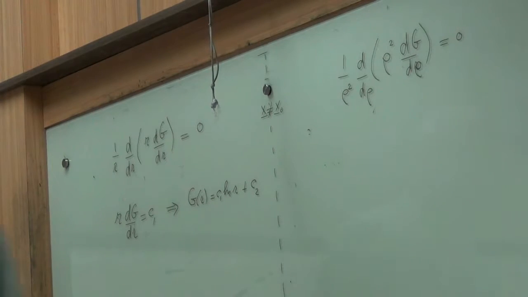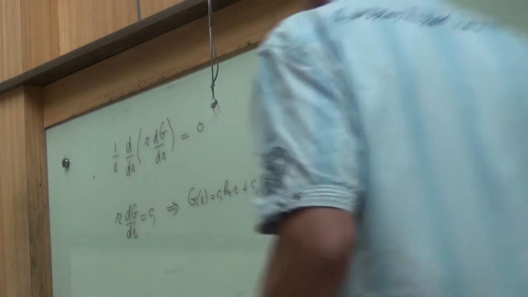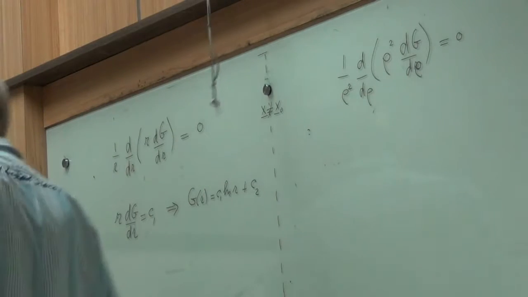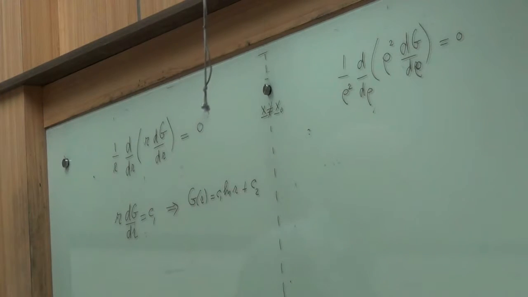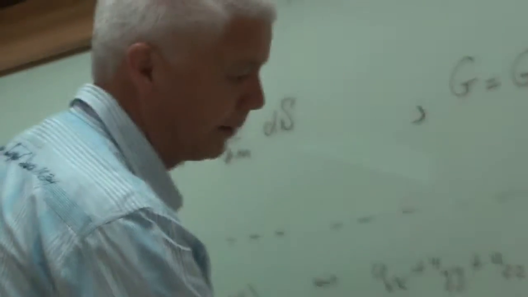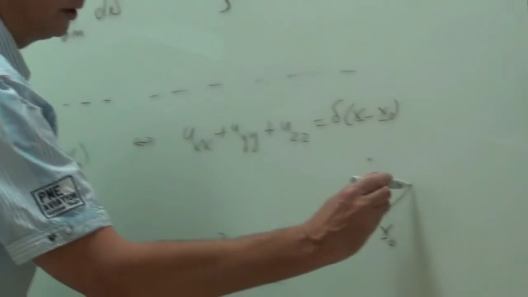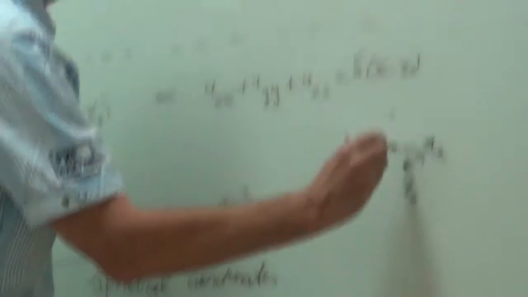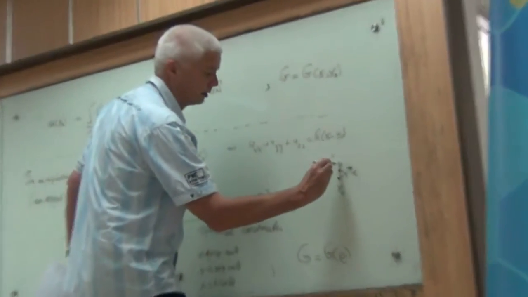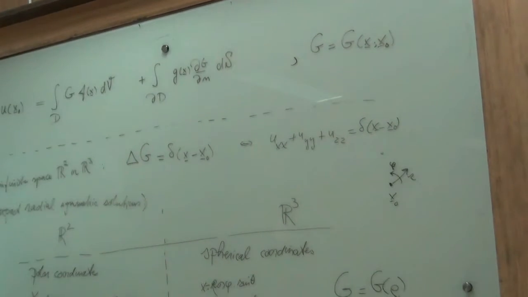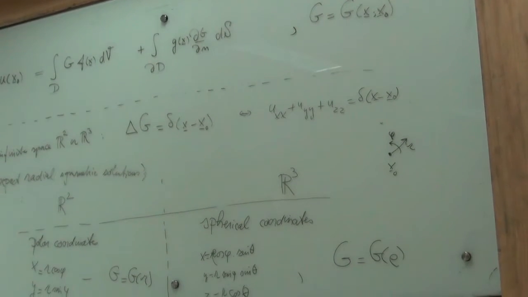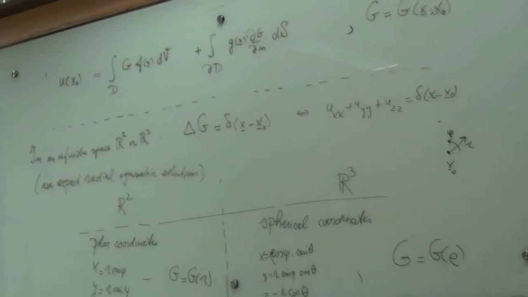And the polar coordinates, of course, are taken with respect to the point x0. Spherical coordinates are taken with respect to the point x0 as well. To be sure, let's make a picture. If I here have my point x0, then this is the r direction and this is the phi direction. I take it with respect to that point, polar. That's symmetric with respect to the point x0.